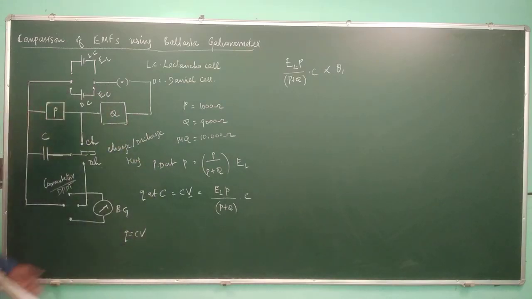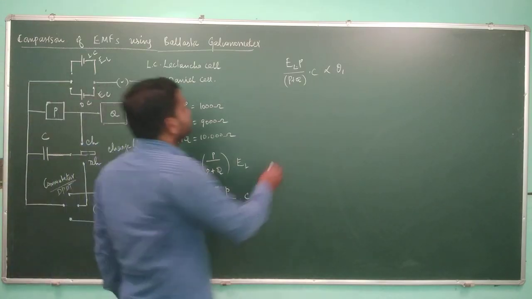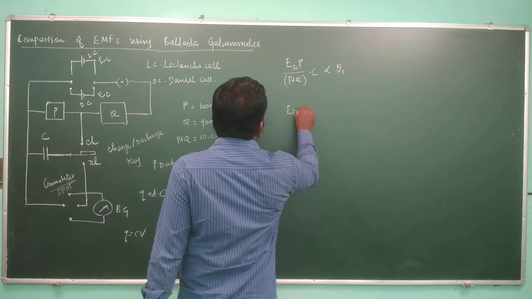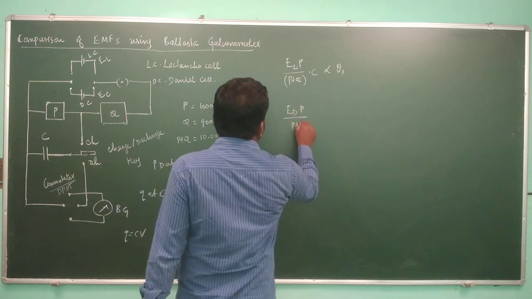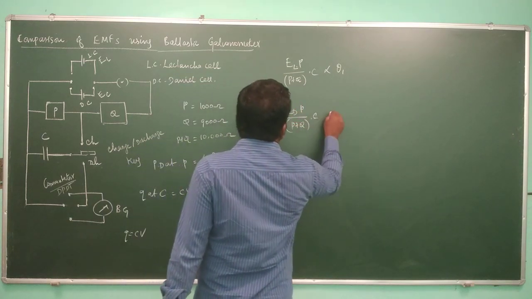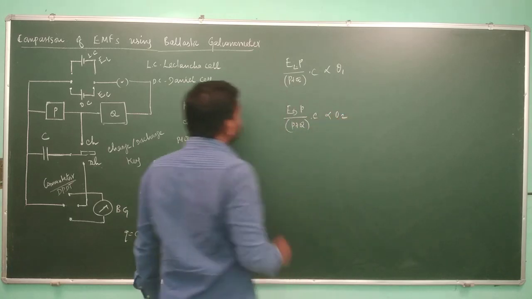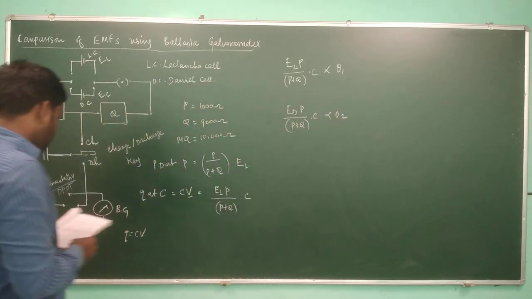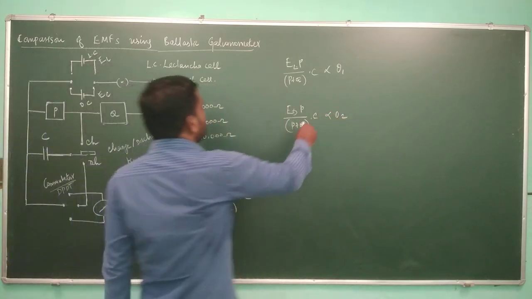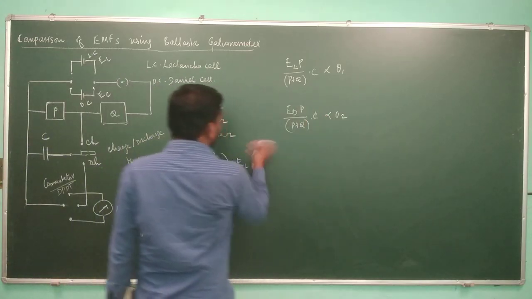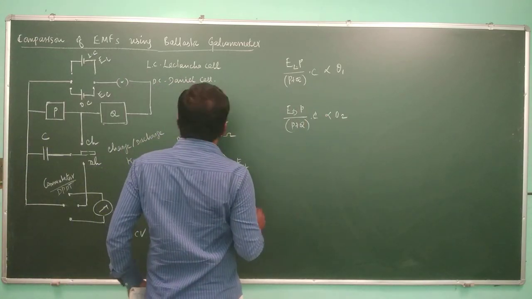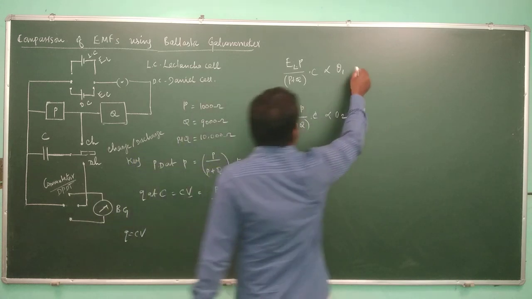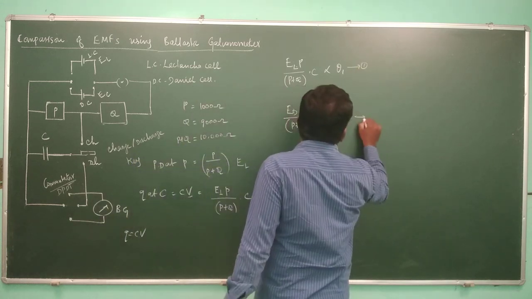Now if you repeat the same experiment with the Daniell cell, then you can write E_D P by P plus Q into C, which is proportional to theta 2. If we compare all these things and you want to compare the capacitance, you can take this equation 1, and let's say this is equation 2.